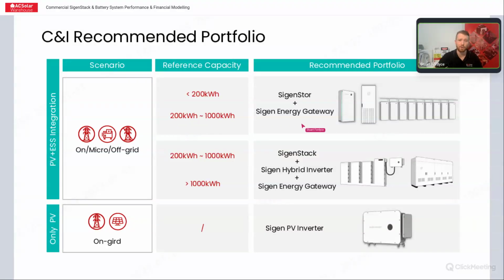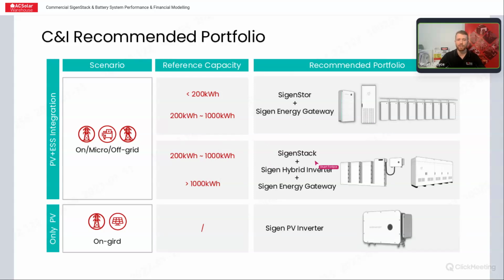And there's a lot of case studies all around the world of SigenStore being used up to megawatt hour projects, I should say. So SigenStore can be used for large projects, and it is being used for them.